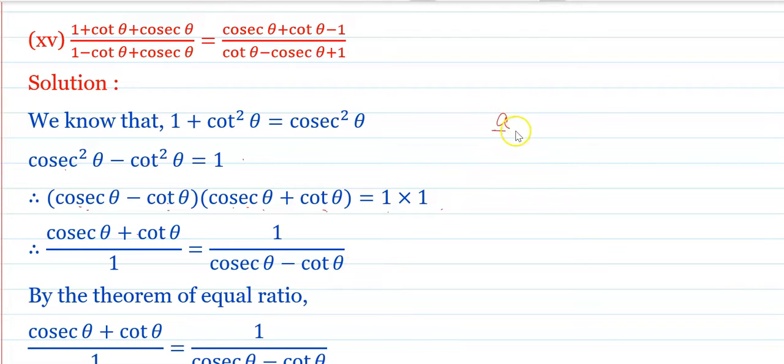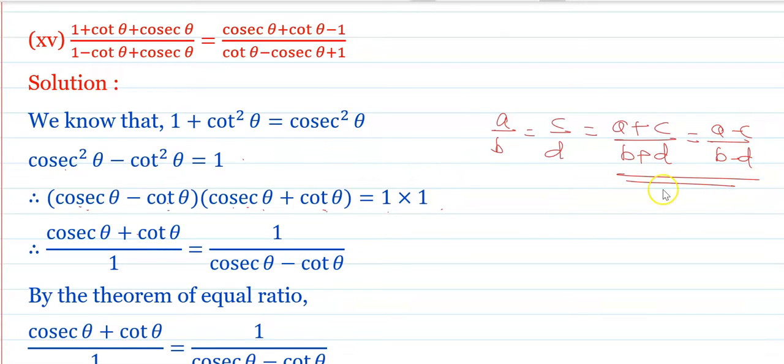Now see this here, a upon b is equal to c upon d. If we apply here, that is a plus c upon b plus d, and also we apply here a minus c upon b minus d, and these two terms are equal. By using the result we will prove this here.